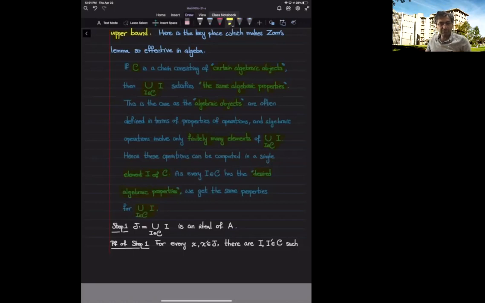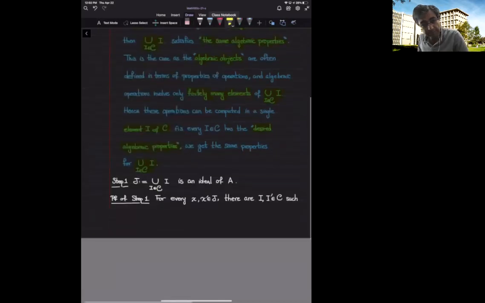You see, this is a quite general scheme that if I give you a chain of algebraic objects, their union should be again an algebraic object with the same properties. Now, we will see many instances of the same phenomena, like union of a chain of ideals, union of a chain of fields, union of a chain of subfields, union of a chain of subrings, and so on.